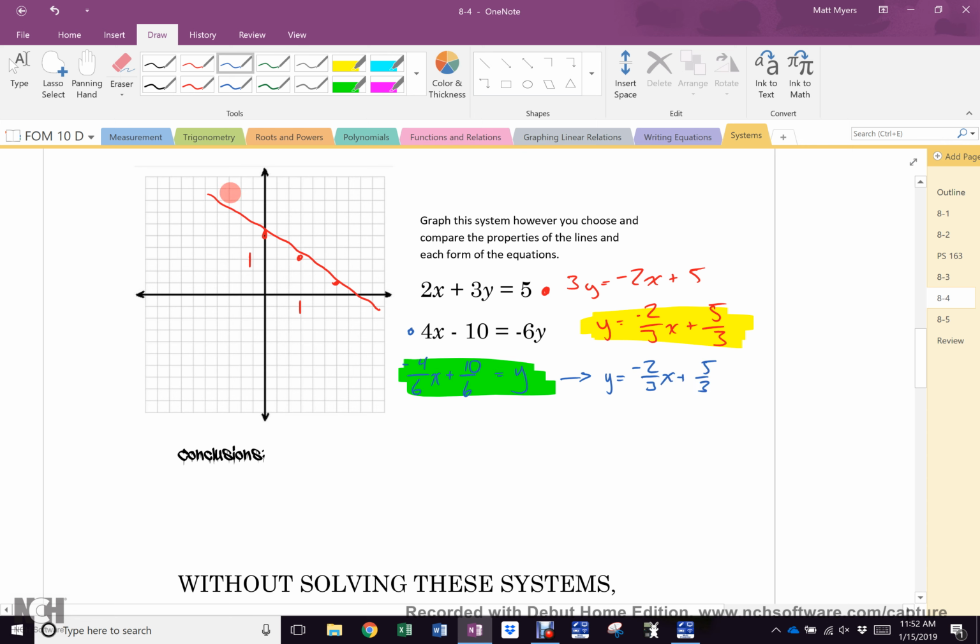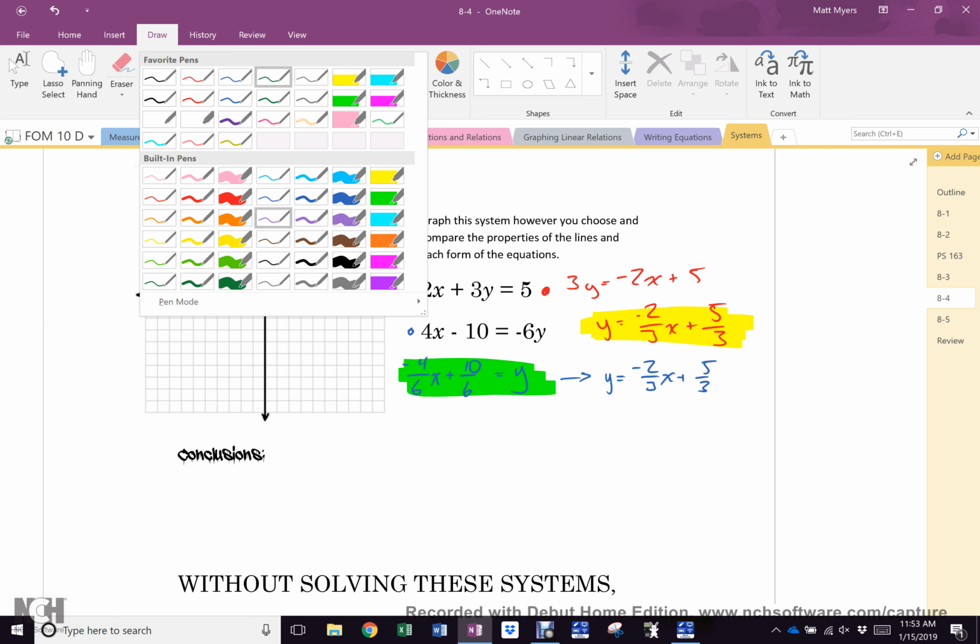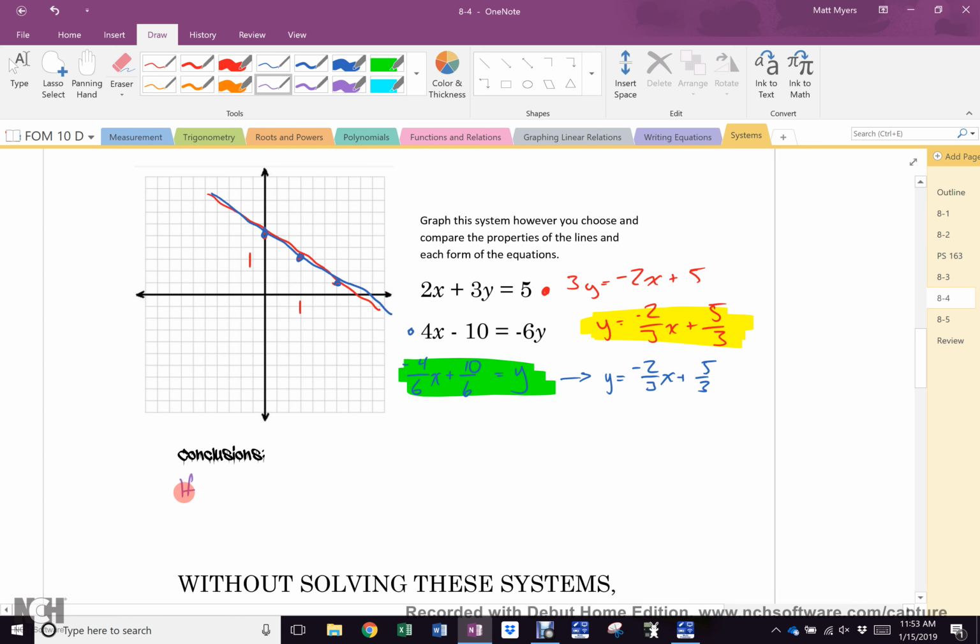Which means, if that is the red line, where will the blue line be? The same. Right on top of it. Meaning, how often do those two lines touch? Always. Infinitely. So, this one, we're just going to write in purple because they're the same line.